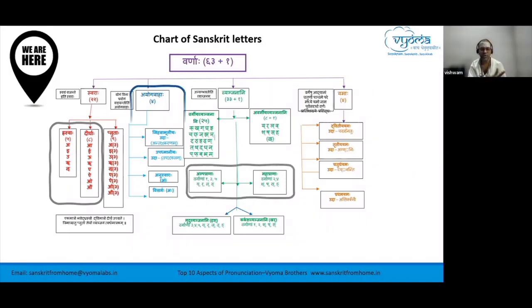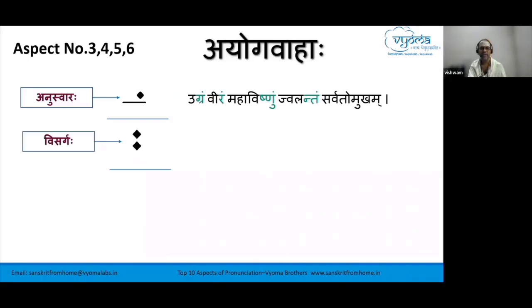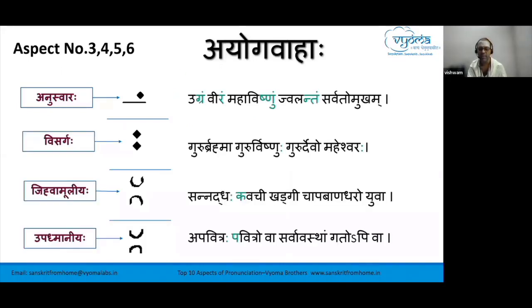Now these two we finished, and then we started entering the area called Ayogavaha. Here we had a new set of friends, the four friends: Anuswaraha, Visargaha, Jihvamuliyaha, Upadhmaniyaha. So four words we have seen.